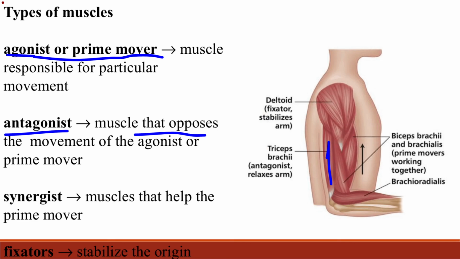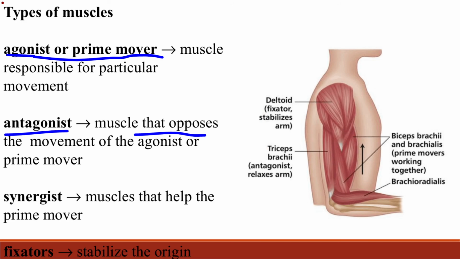Now, when we say it opposes it, it doesn't stop the movement, it really stabilizes the movement. If I didn't have any muscle activity on this side, then this would just throw my whole arm up, right? So I have that antagonist to stabilize the contraction here. Then we have synergists that help the prime mover, and we have fixators that stabilize the origin.